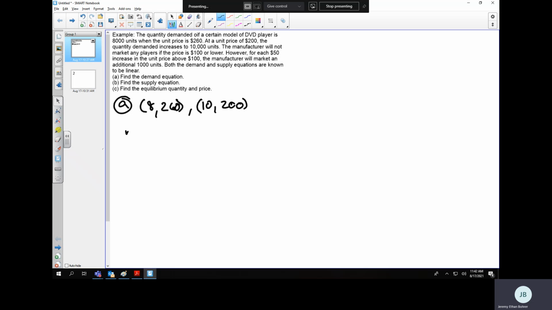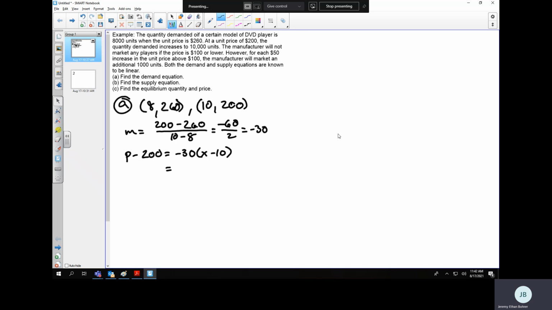So we find the slope. m equals 200 minus 260 over 10 minus 8, which is negative 60 over 2, or negative 30. Using this and plugging in some information, we get the equation P minus 200 equals negative 30 times (x minus 10).